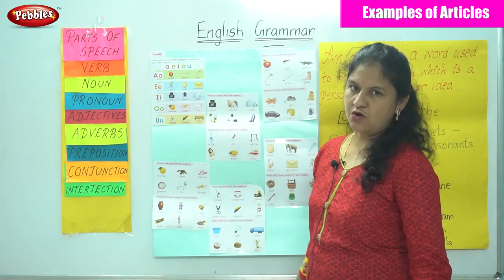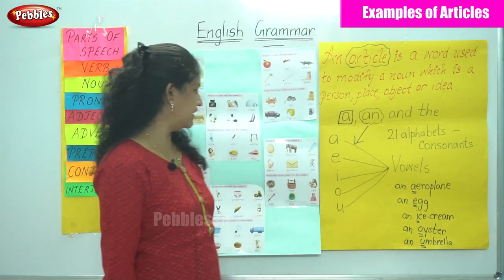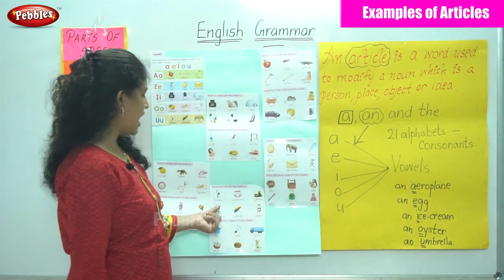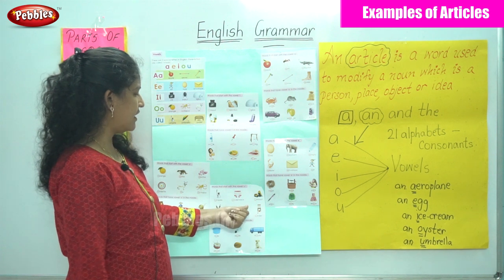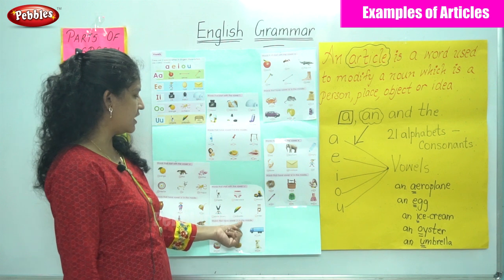Let us see words that have the vowel U in the beginning. So we have umpire, underwear, unload, upside down, umbrella, under.